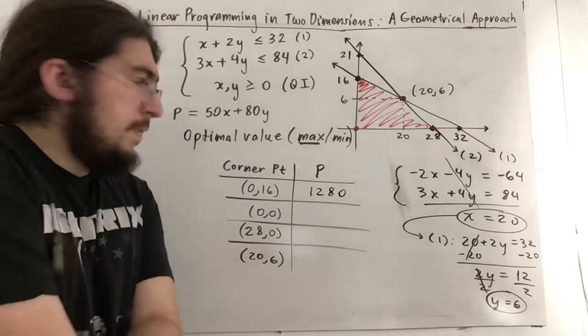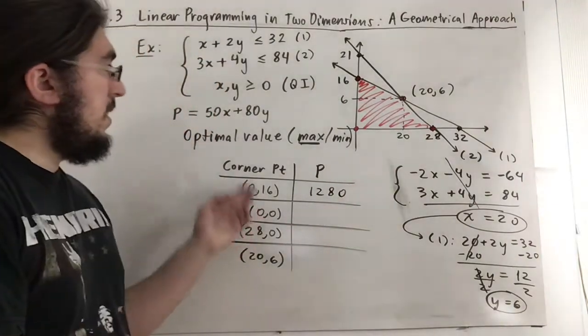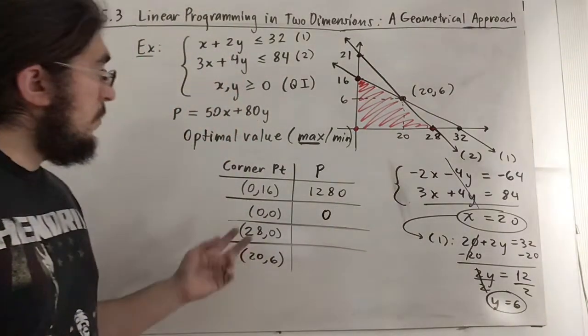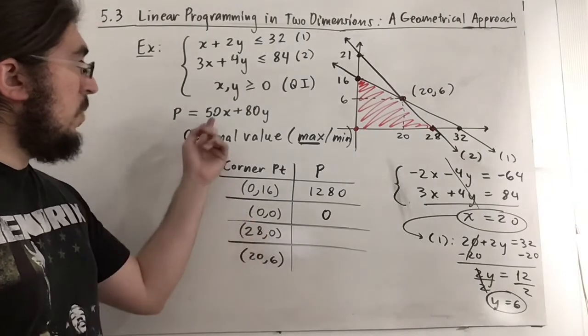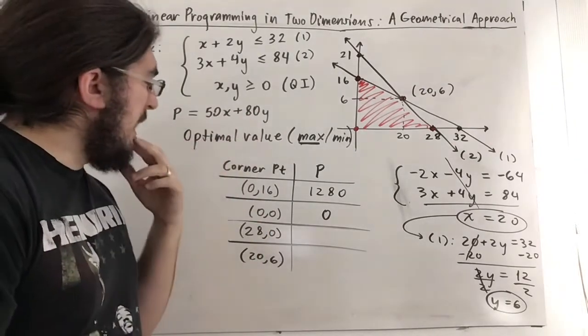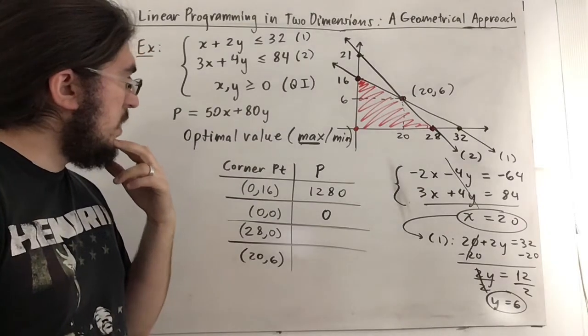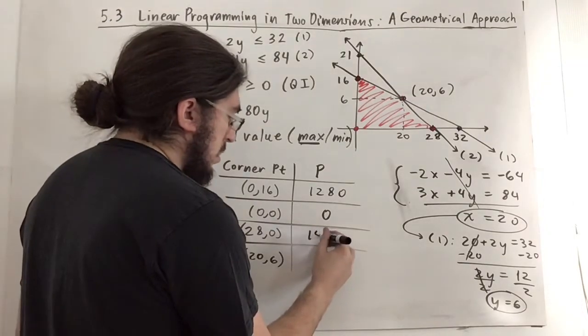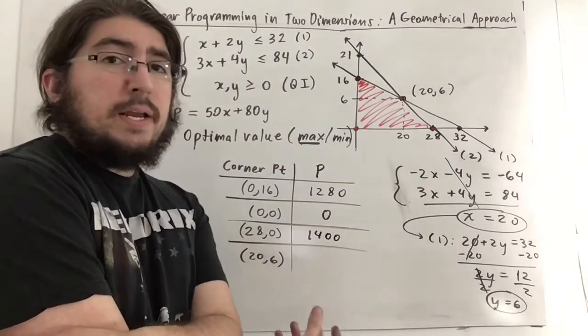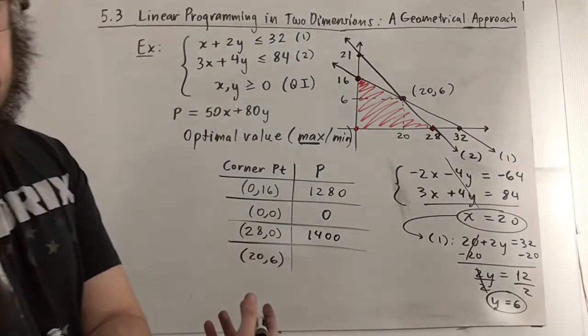You can check me on that, but that's what I got. When we plug in 0, 0, we get 0 plus 0, which is just 0. When we plug in 28 and 0, we get 28 times 50 plus 0 times 80. 28 times 50 is 1400, I believe.